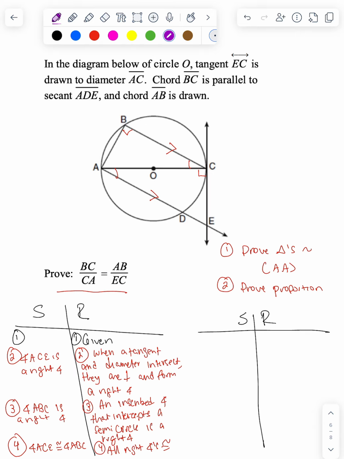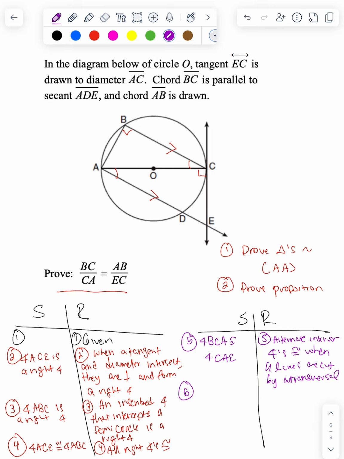Okay. Now the alternate interior angles. Angle BCA is congruent to angle CAE. Alternate interior angles are congruent when parallel lines are cut by a transversal. And that's pretty much the whole proof.